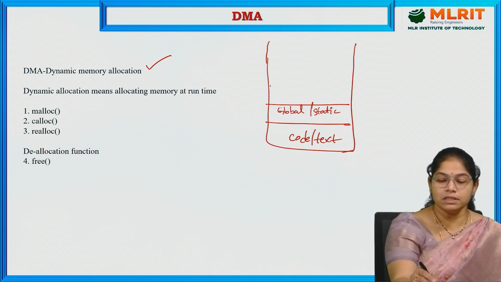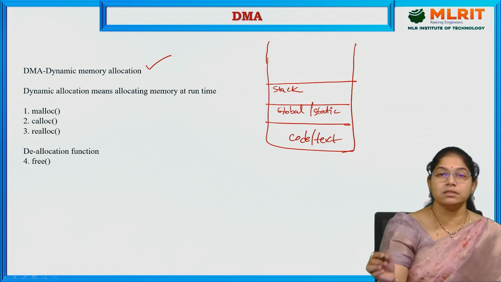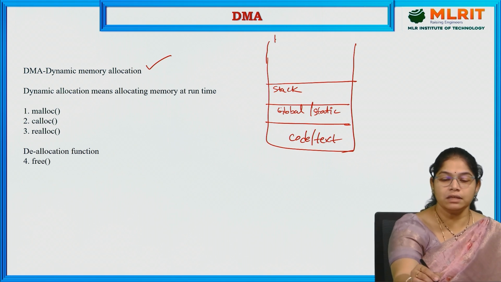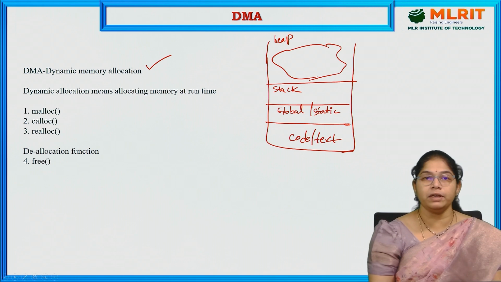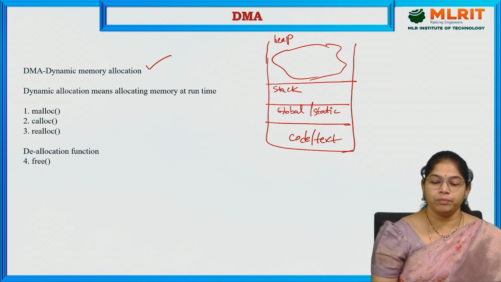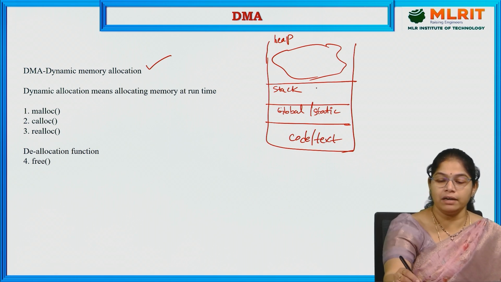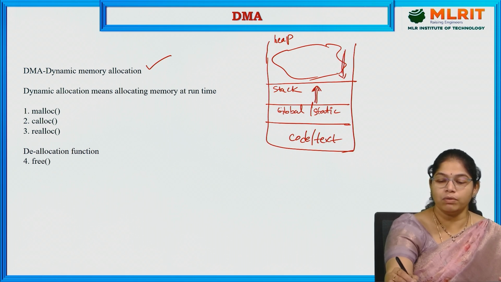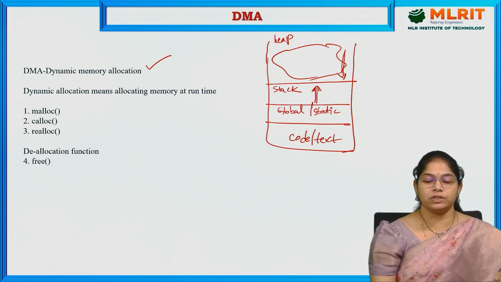The third is the stack memory, and this is the heap memory. This is a big pool of memory, called the heap memory. The stack and heap always grow in opposite directions. If the stack grows in this direction, the heap will grow in the opposite direction.